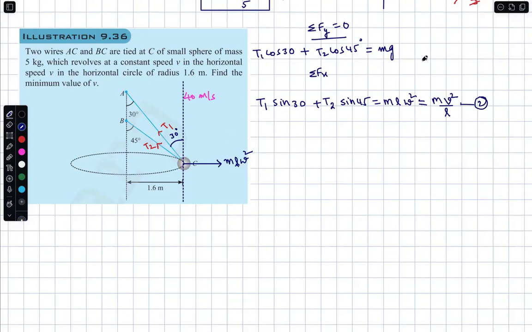Like for example, equation 1: T1 root 3 plus root 2 T2 is equal to 2 mg. Get it?